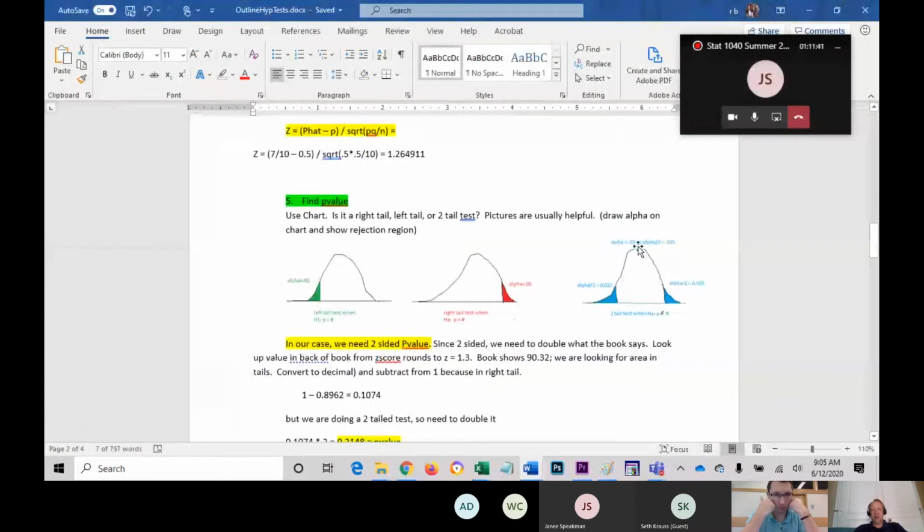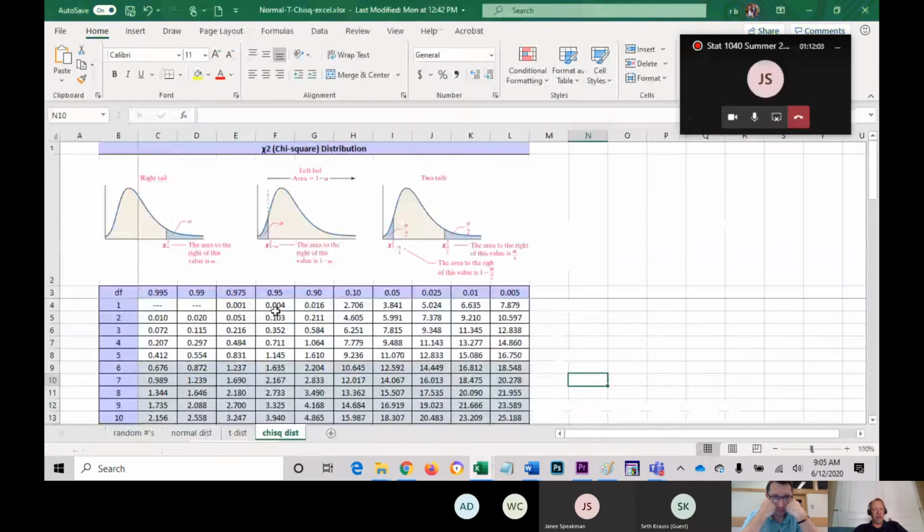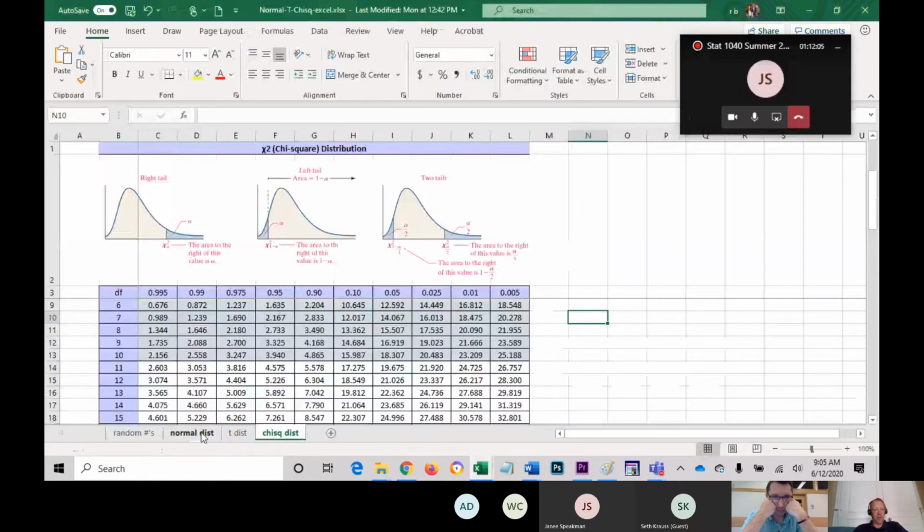Since it's a two-tailed test, once we find our p-value, oh, apparently this is my old notes here. We're going to double our p-value, okay? So we got a z-score of 1.26, okay? If I look here on my area, sorry, I look at my normal distribution.